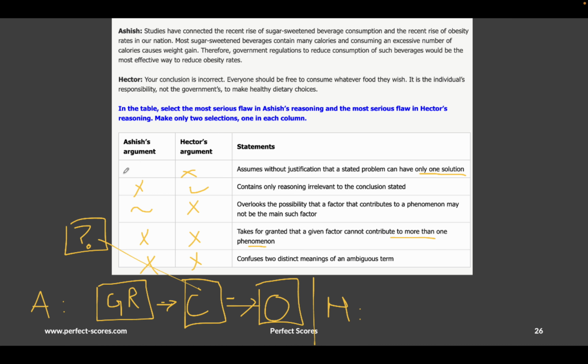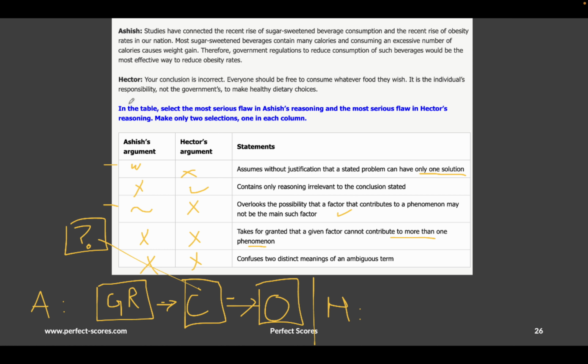So if we go to Ashish, we can potentially choose from these two answer options. Now, if we consider these two answer options, the first one here is a weaker answer option than the third one, because here Ashish doesn't really specifically say that there is only one solution, so that is a weaker statement than this one, because here Ashish is actually overlooking any possibility that there can be some other factor.